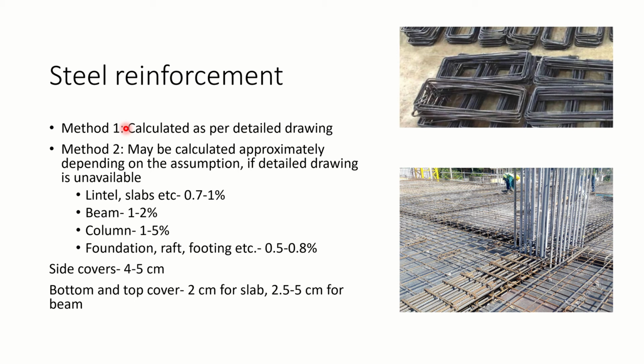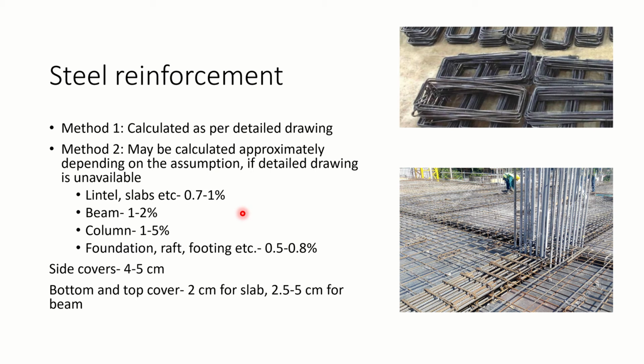So these are the various ranges of steel reinforcement per cubic meter of volume for various types of components, that is, the various components of a building. So when you use this percentage, you will get percentage in volume.